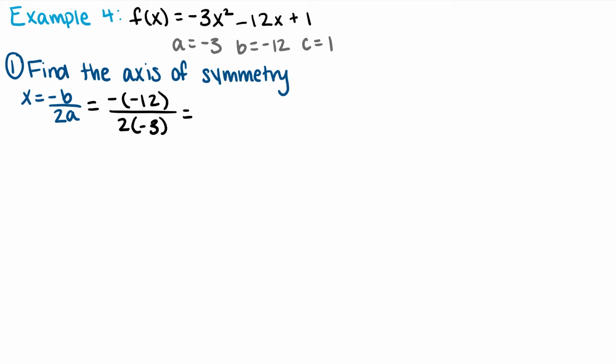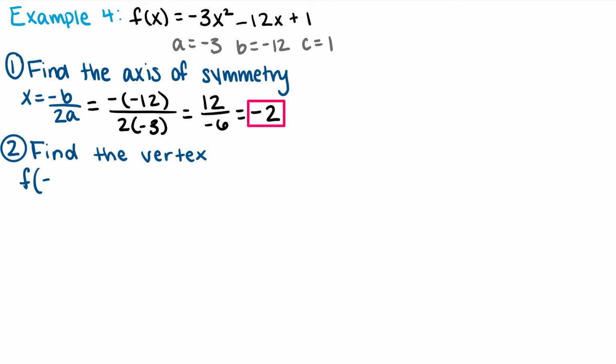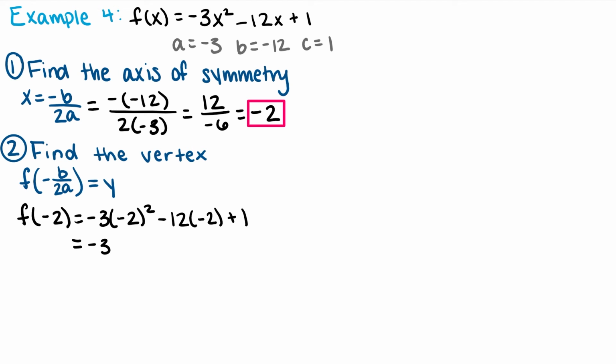And the axis of symmetry is -2. Next, let's find the vertex. Plugging in -2 for x gives us 13, and the vertex is (-2, 13).